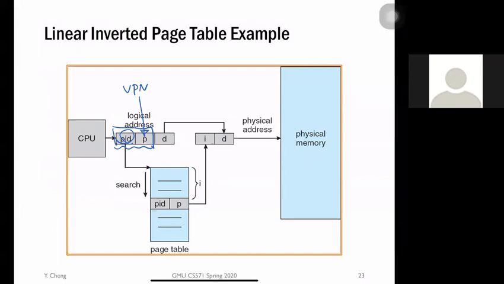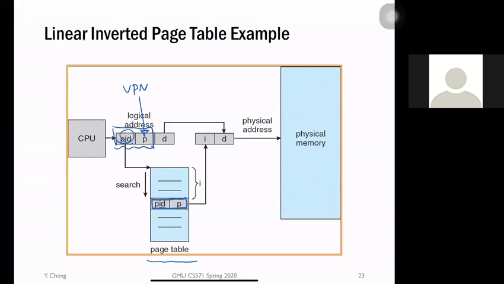Okay, so it combines these two fields together as the key to look into and search through this linear inverted globally shared page table until it finds a match. So it finds a field which has this core field, the PID plus a VPN field, exactly the match of the key of interest.